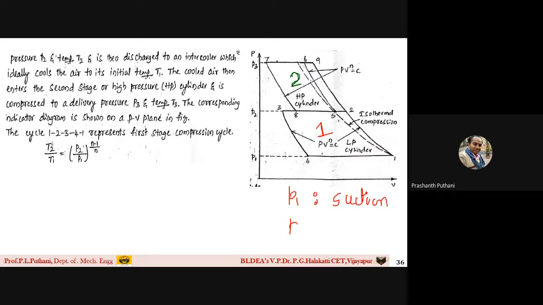For the first stage itself, pressure P2, this line, is the delivery pressure. Do you agree with this point? Hello students, do you agree with this point or not? Am I audible to you clearly?